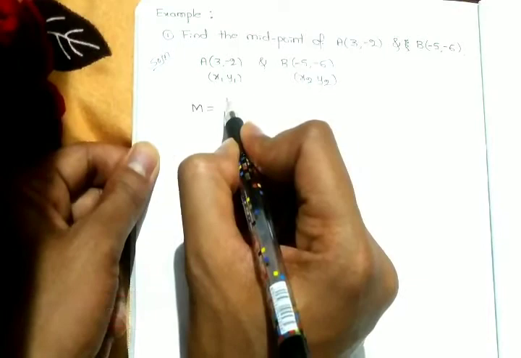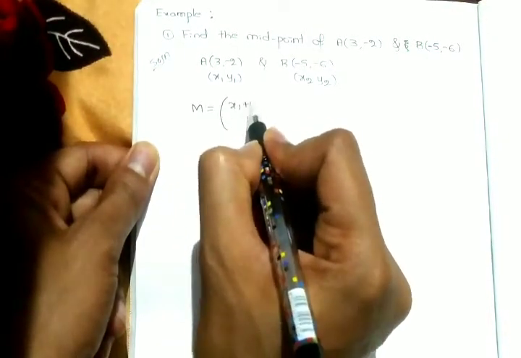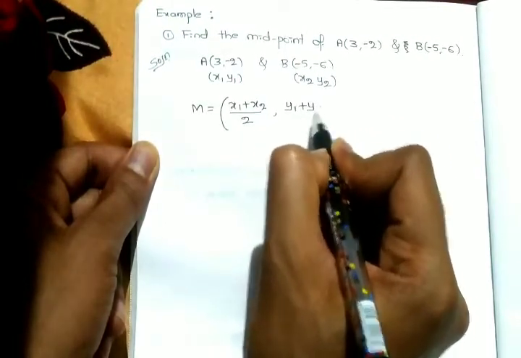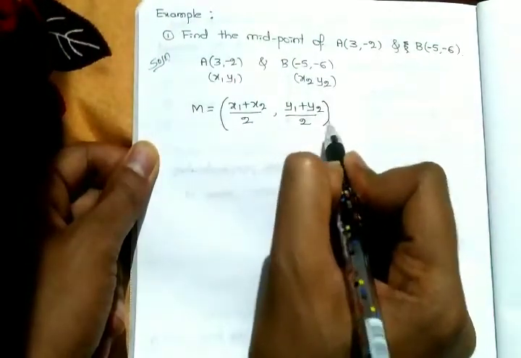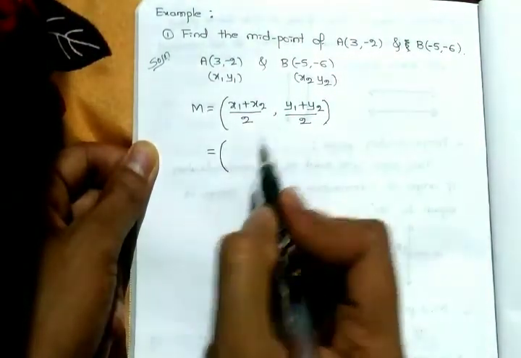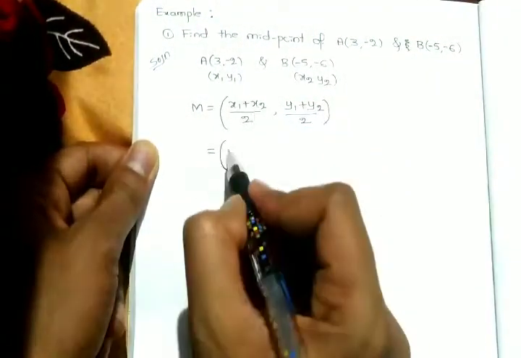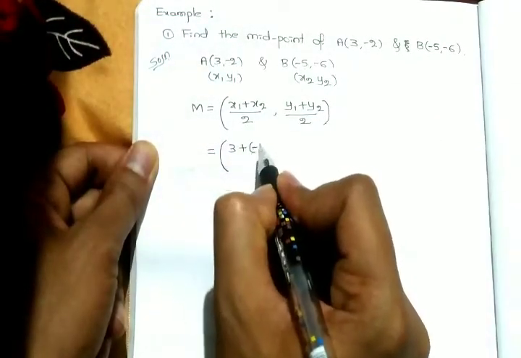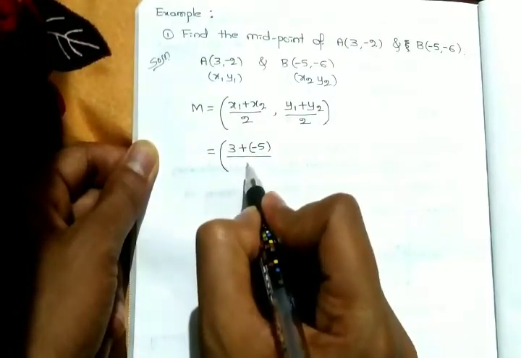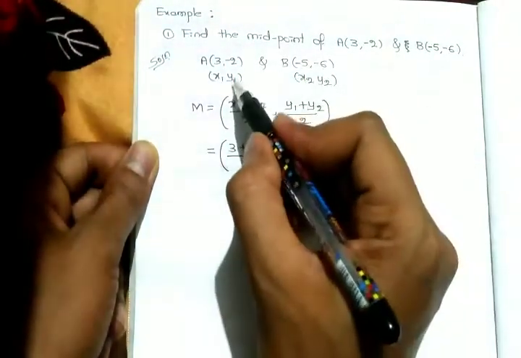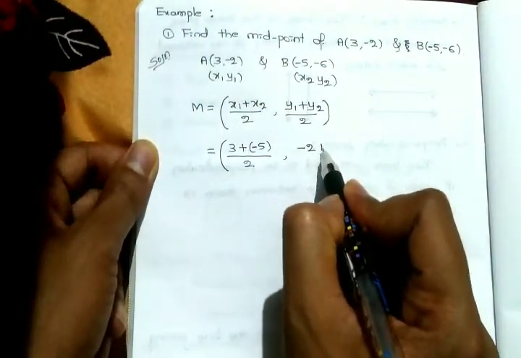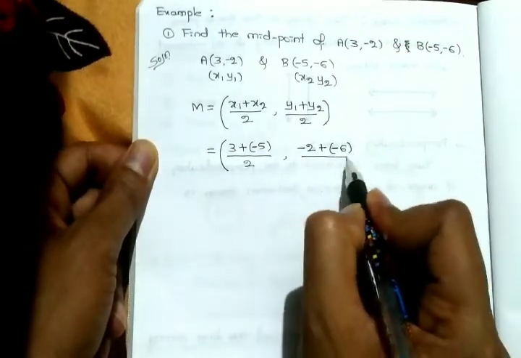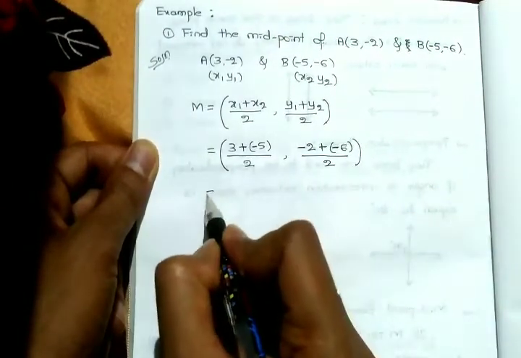You know midpoint formula M equals (x1 + x2)/2, (y1 + y2)/2, which is equals to, substitute the values: x1 is 3, plus, x2 is minus 5 in bracket, divided by 2, comma, y1 is minus 2, plus, and y2 is minus 6, again in bracket, divided by 2. Next, do the simplification.